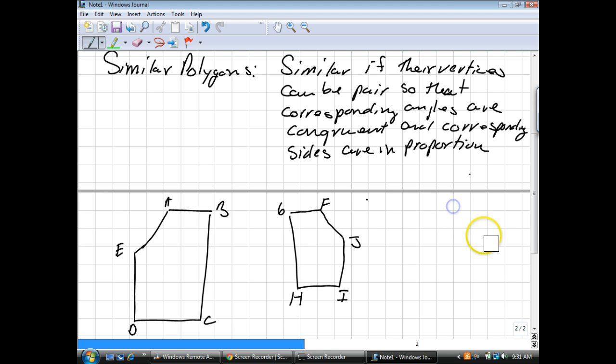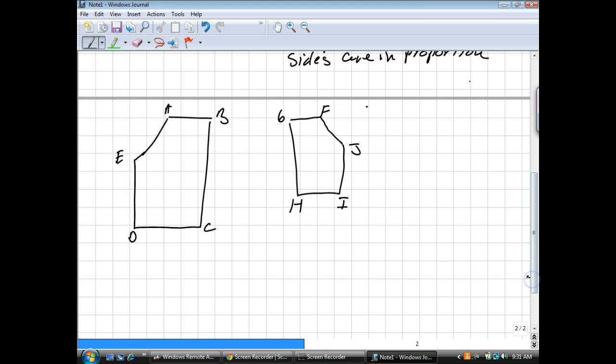Let me move this, so let me write it below. Polygon ABCDE is similar to polygon FGHIJ.